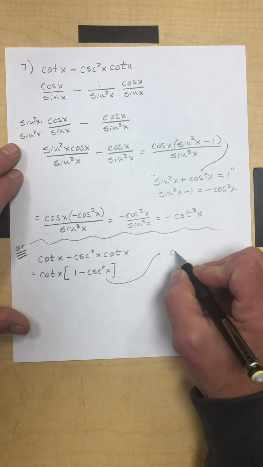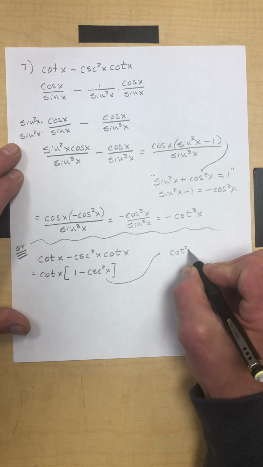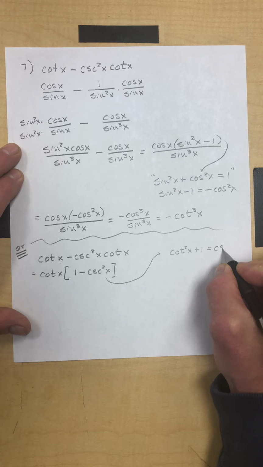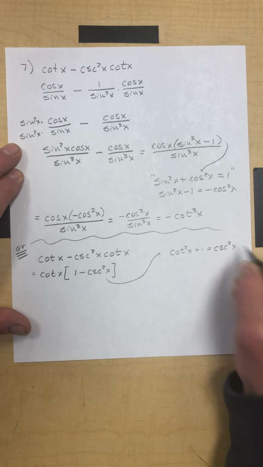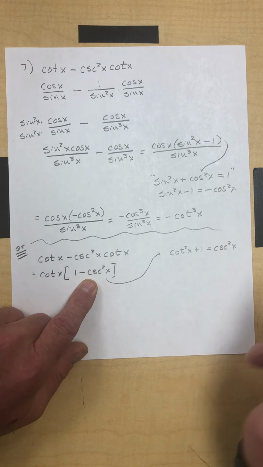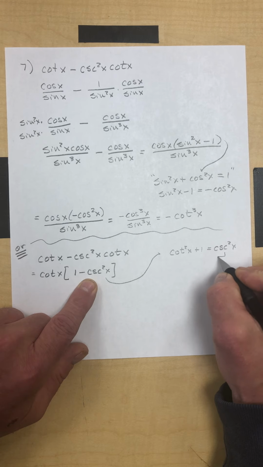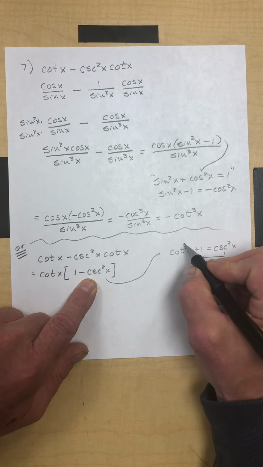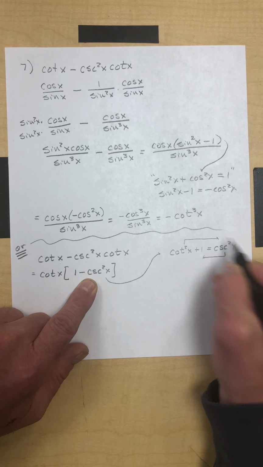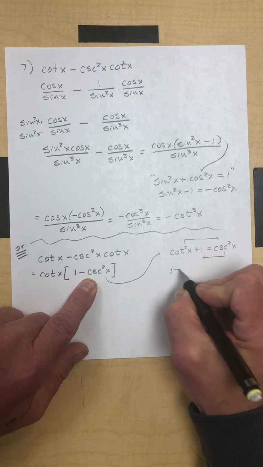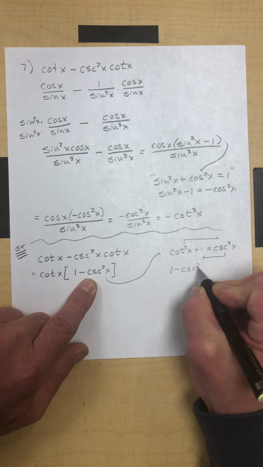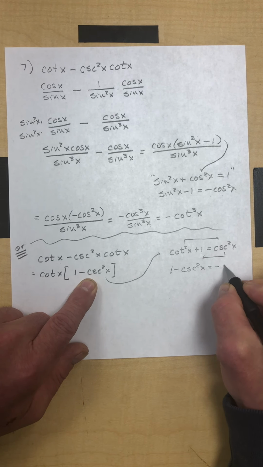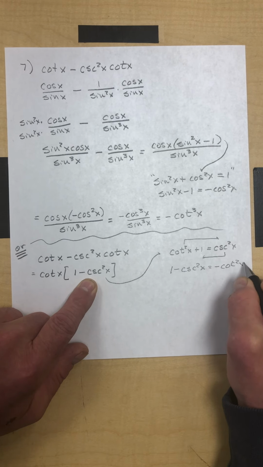So I've got cotangent squared of x plus 1 is equal to cosecant squared of x. Well, I need 1 minus cosecant squared, so I have to bring this guy over, and it'll go from positive to negative, which means I have to move this guy over. So I'm going to get 1 minus cosecant squared of x equals, this will become negative when it moves to the other side, cotangent squared of x.